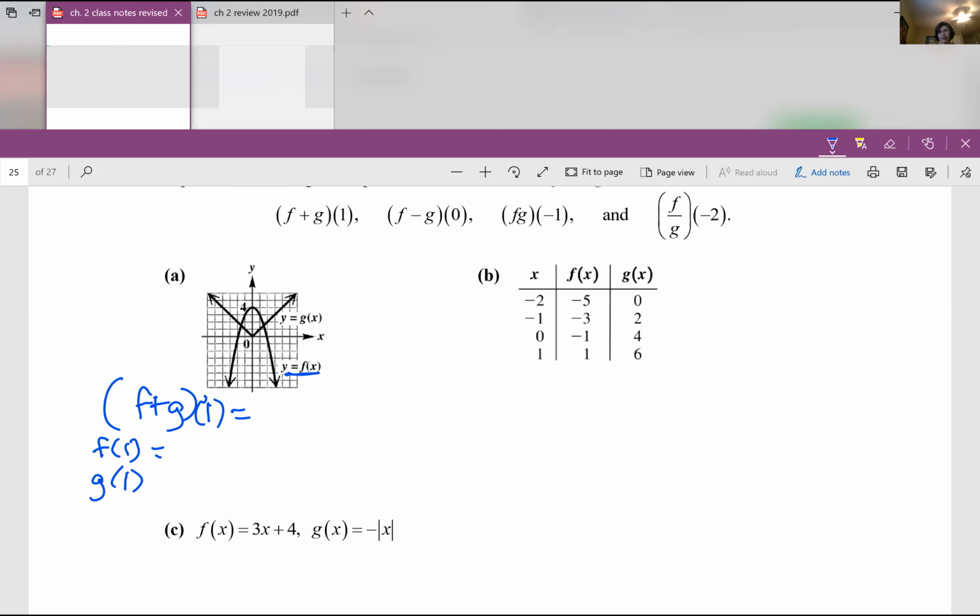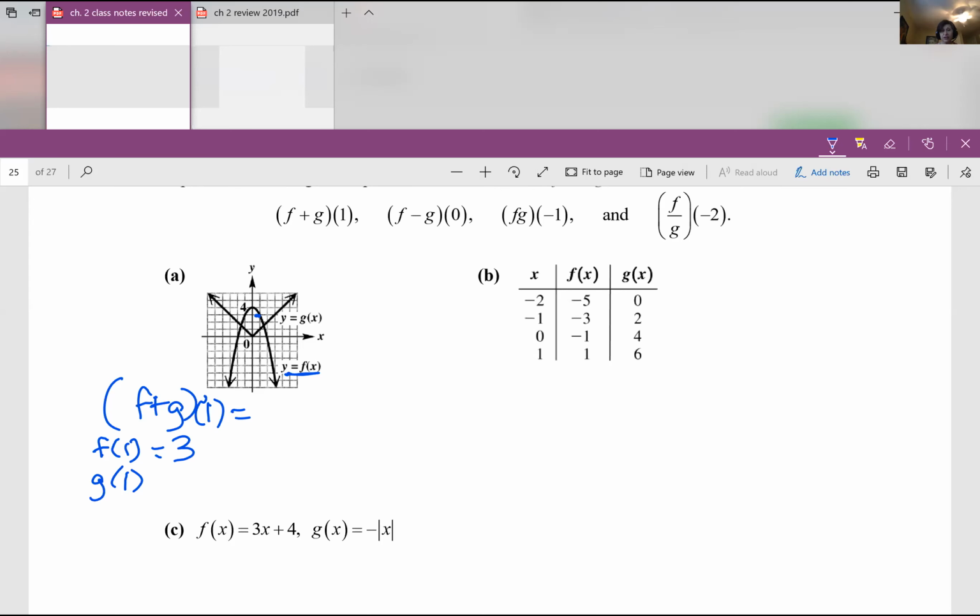So f of 1 is telling me find the y value when x is what? 1. So I've got to look on the parabola for where x is 1. What I see is it's right here where there's an x value of 1, and that means the y value is what? 3. That's what it's asking you to do.